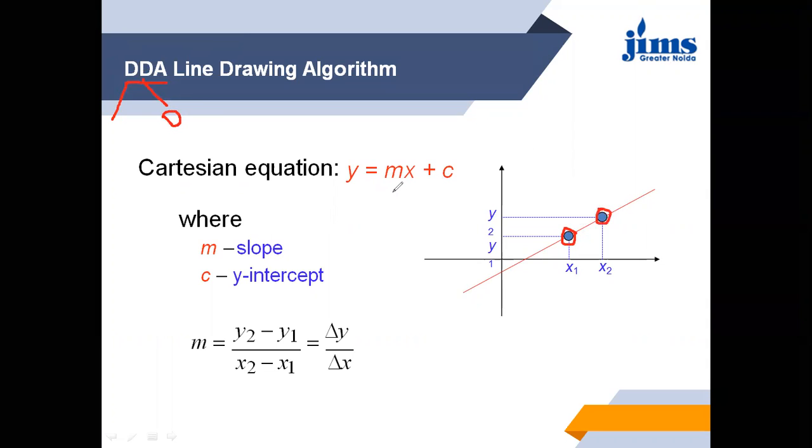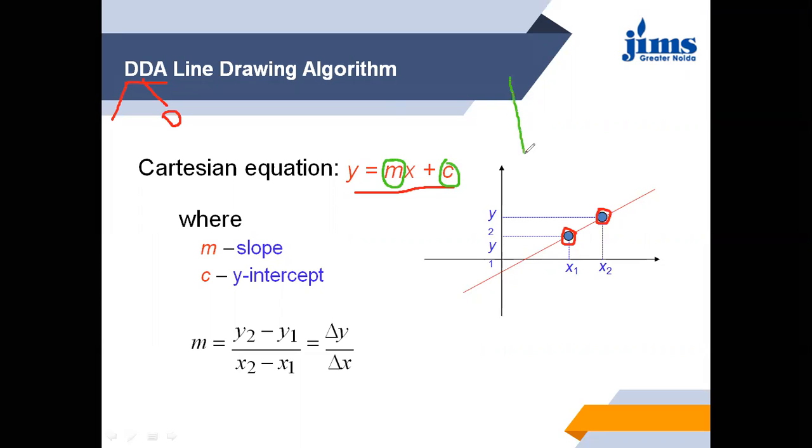We know the equation of the line. This is the general equation of the line, y = mx + c. Here m represents the slope and c represents the intercept.